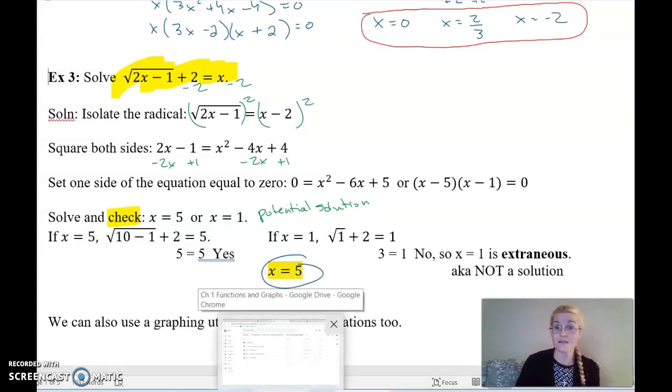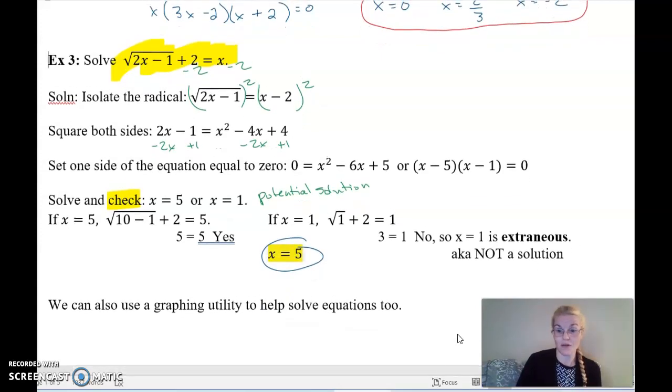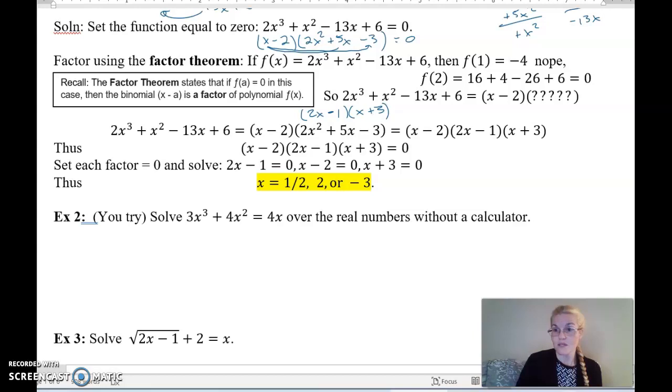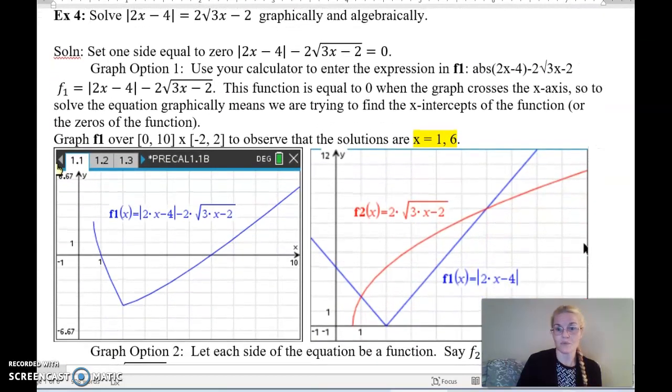All right, so that's a little bit of review solving algebraically. We can also use a graphing utility to help us solve equations. So your TI-Nspire is what we're talking about here. Let me scroll on down. So let's look at this example here.